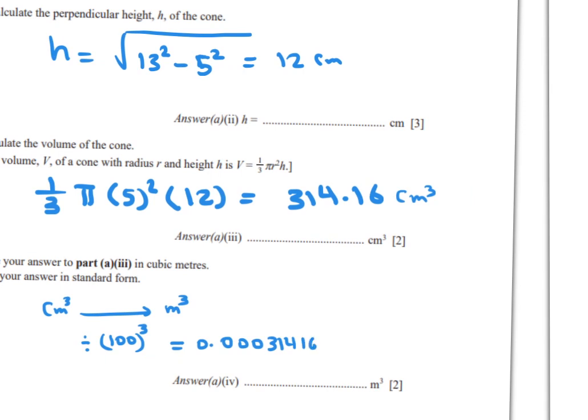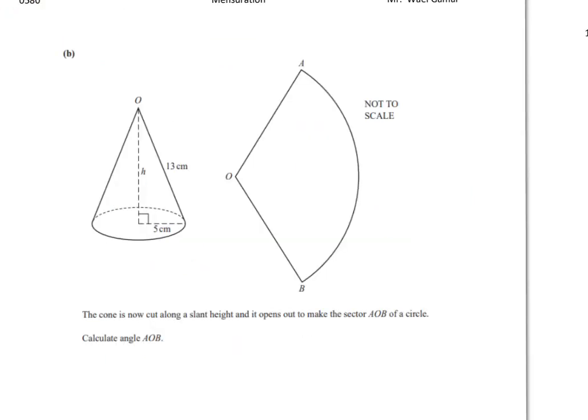Then 16. Now for B, this is a very important part. The cone is now cut along a slant height and it opens out to make the sector AOB. So we cut the cone to get the sector.